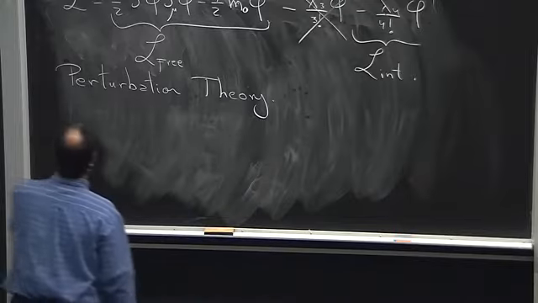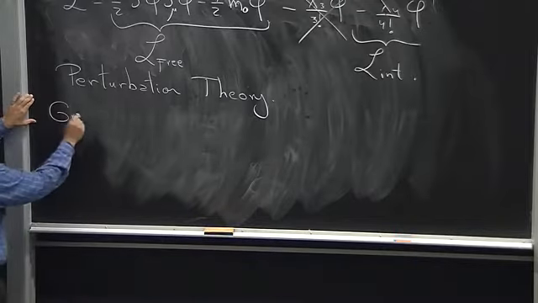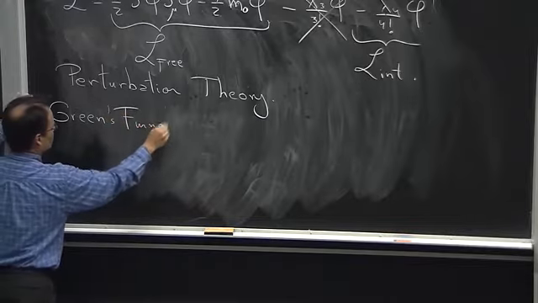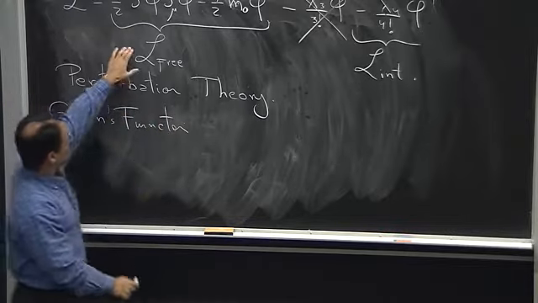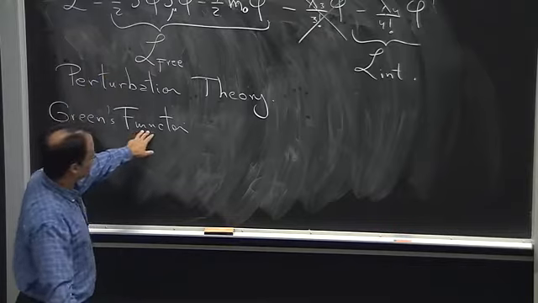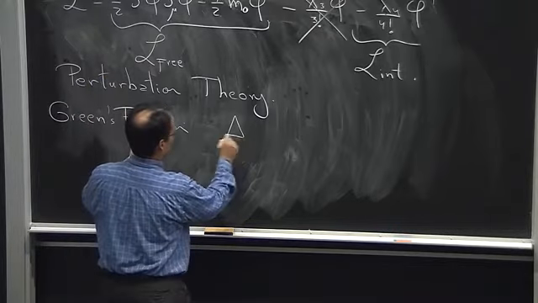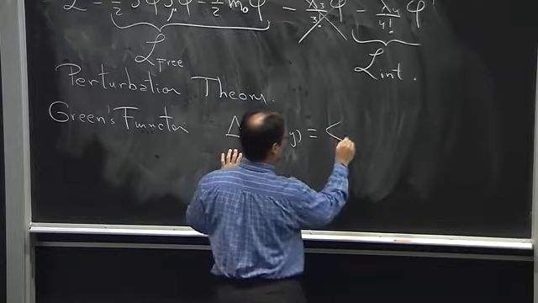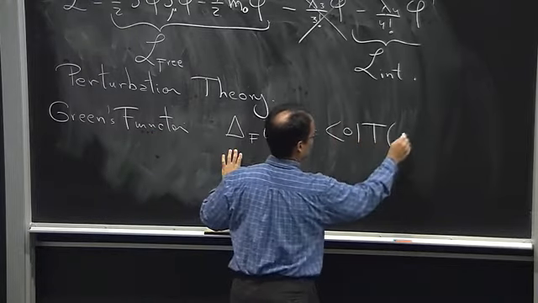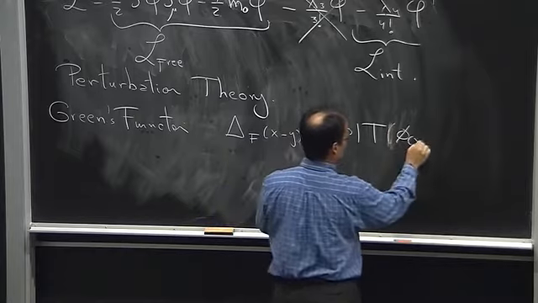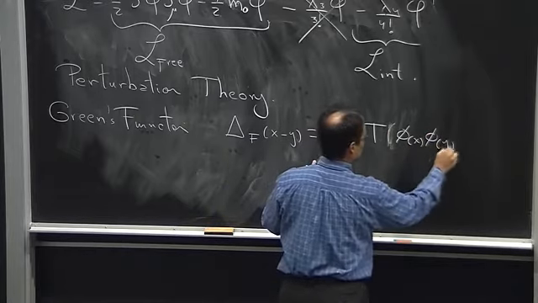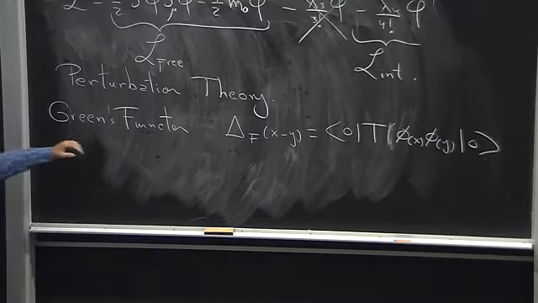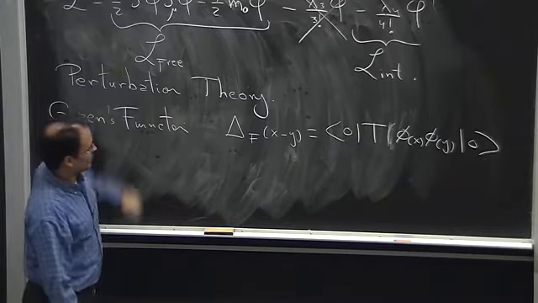Okay. Now, last time, for the free theory, you guys checked that the Feynman propagator was a Green's function of the Klein-Gordon operator.